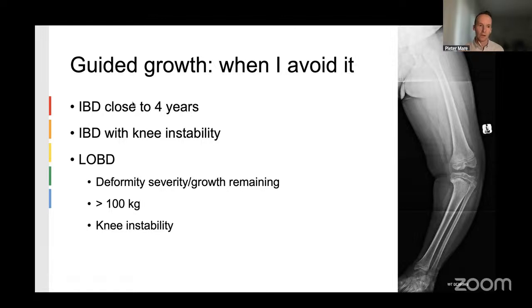And lastly, in late onset Blount's disease, when the deformity severity exceeds the growth remaining, when weight greater than 100 kilograms is relative, and then also knee instability. And I've just put this picture here to show you, this is a child who presented to us at the age of 10 with classic Blount's disease on the right, more sort of looks like a juvenile Blount's disease on the left.